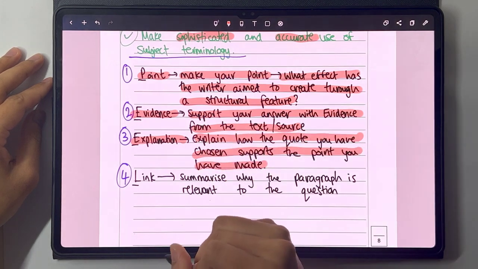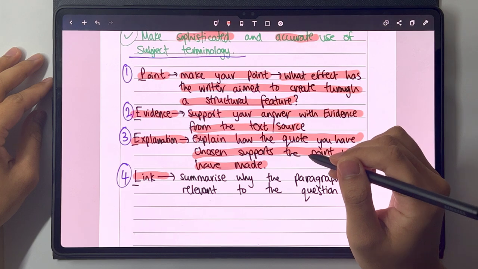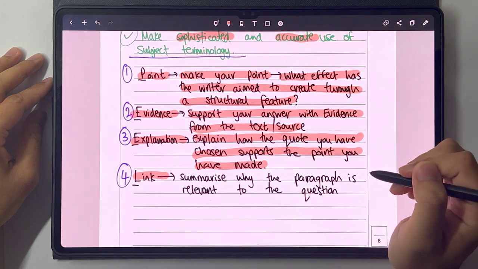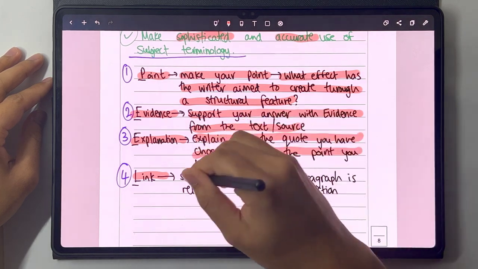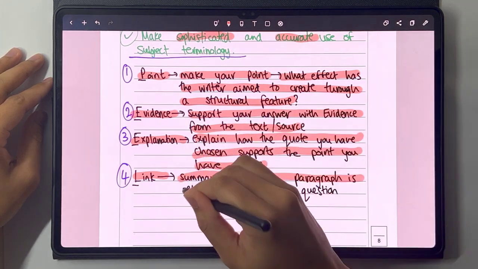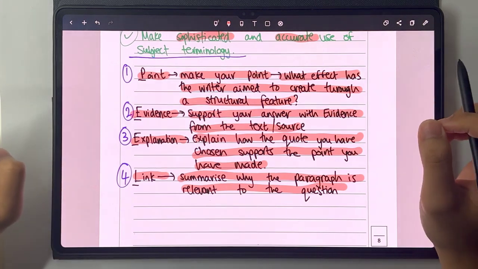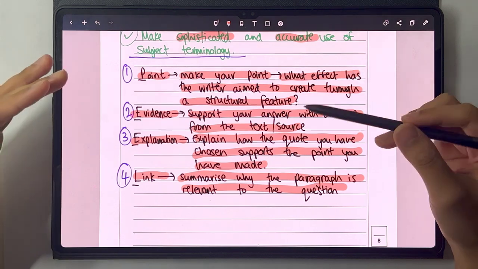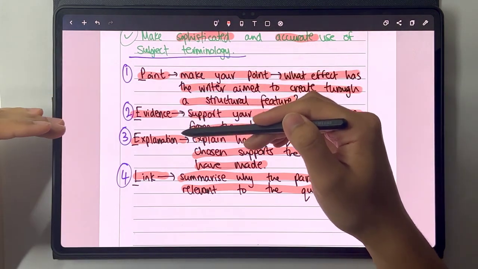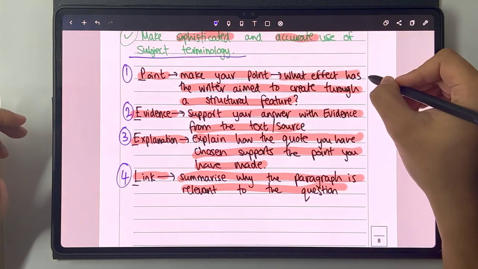And finally is the link, which is when you summarize why the paragraph is relevant to the question. So these are some areas for you to focus on. You've got point, evidence, explanation, and link.